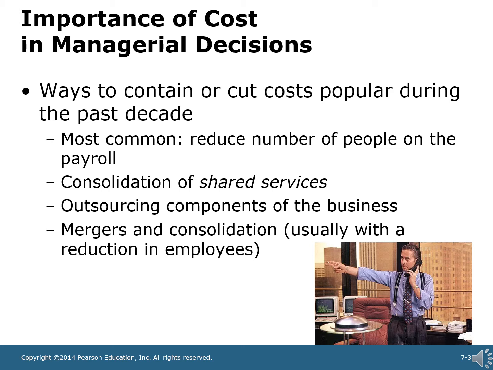Another method has been outsourcing or offshoring components of their business. So they're optimizing their labor by finding an alternative location for their facilities. For example, take an auto manufacturer located in the US. They may move some of their early stages of manufacturing to Mexico. The labor costs are much lower there, and there's a less skilled workforce there.